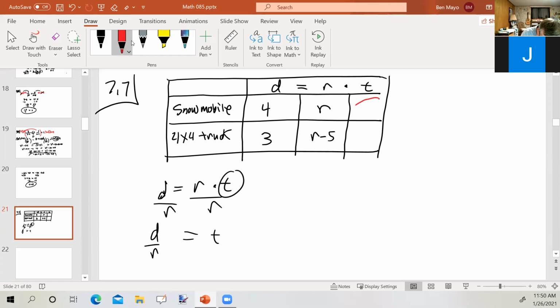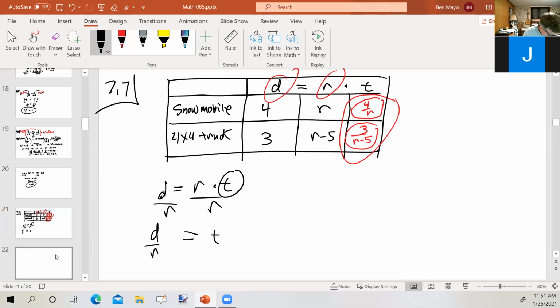So this t is going to be d divided by r, or in this case, 4 divided by r. This t is going to be d divided by r, or in this case, 3 divided by r minus 5. So that's just to show you how we can write the time in terms of the distance and the rate. Any questions about that particular table?